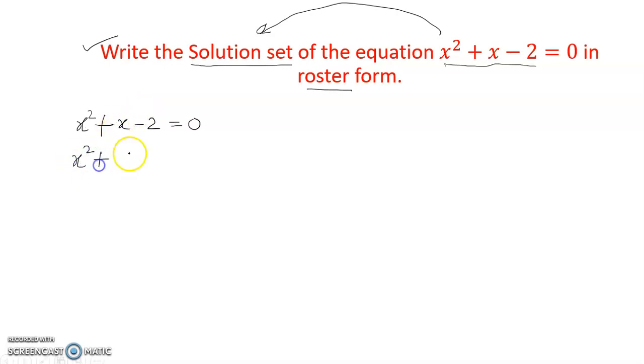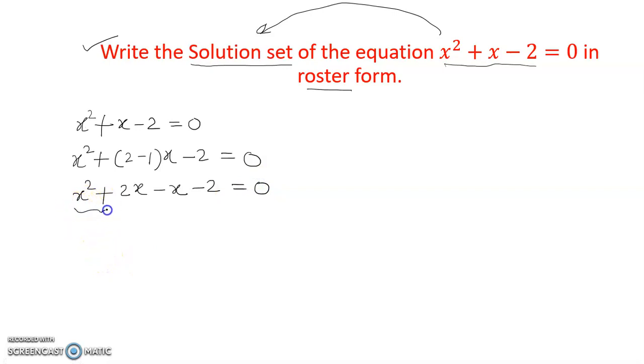So if I start factorizing, it is 2 minus 1: 2 times 1 is 2 and 2 minus 1 is 1. So x square plus 2x minus x minus 2 is equal to 0.